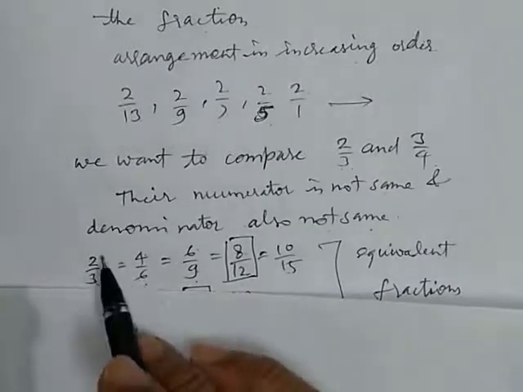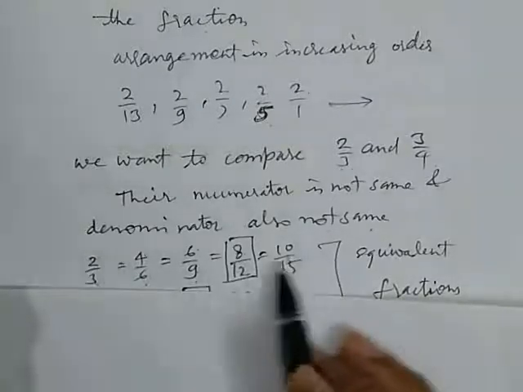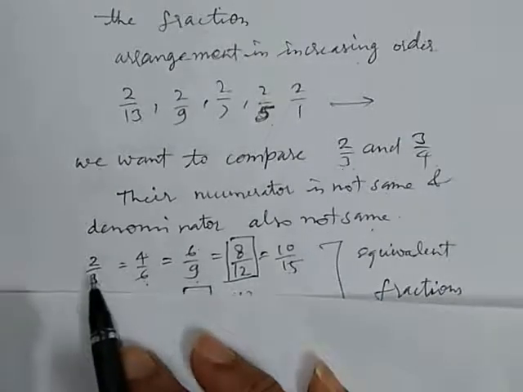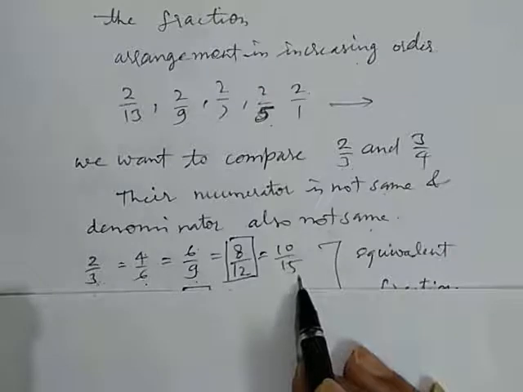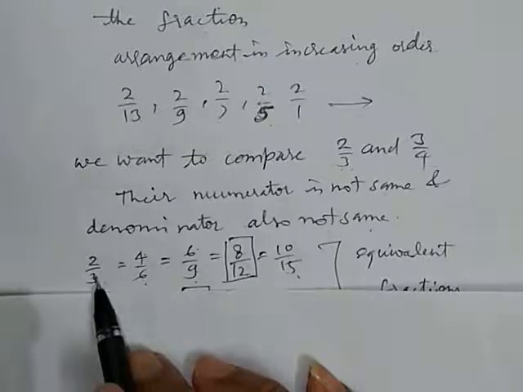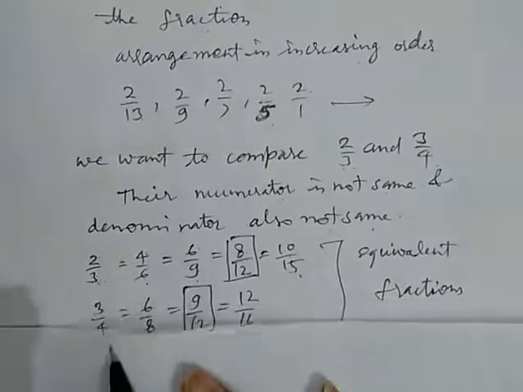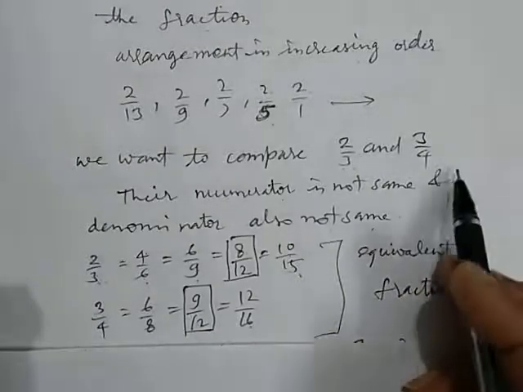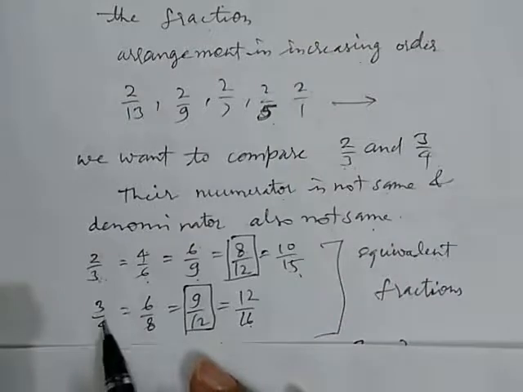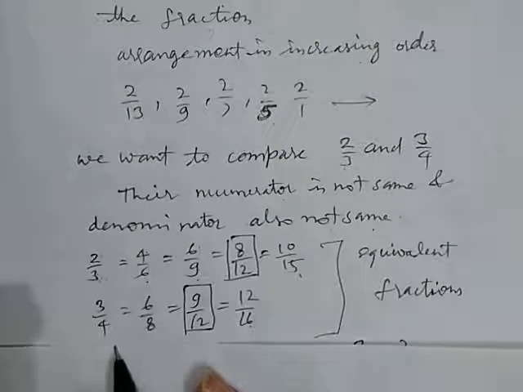By multiplying by 5, 5 twos are 10, 5 threes are 15. This way we find the equivalent fractions of the first fraction, and then we find the equivalent fractions of the second fraction. The second fraction is 3 by 4, so we start finding its equivalent fractions.